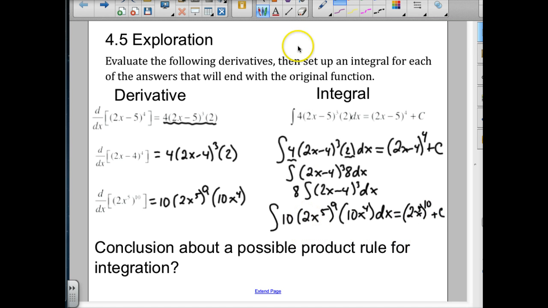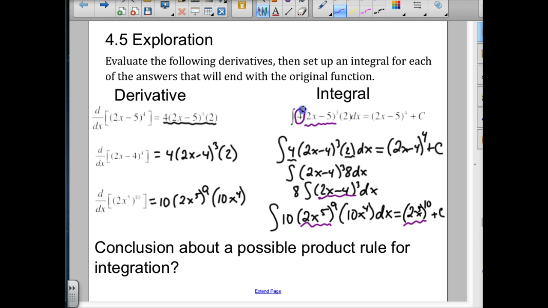So notice this main part here is now to the 10th power, it was to the 9th power, and this main part here in the integral was to the third power, now it's to the fourth power. Up here, this main part was to the third power, and now it's to the fourth power. So the main part, the power increases. If we're trying to find a generalization of this, the power increases.